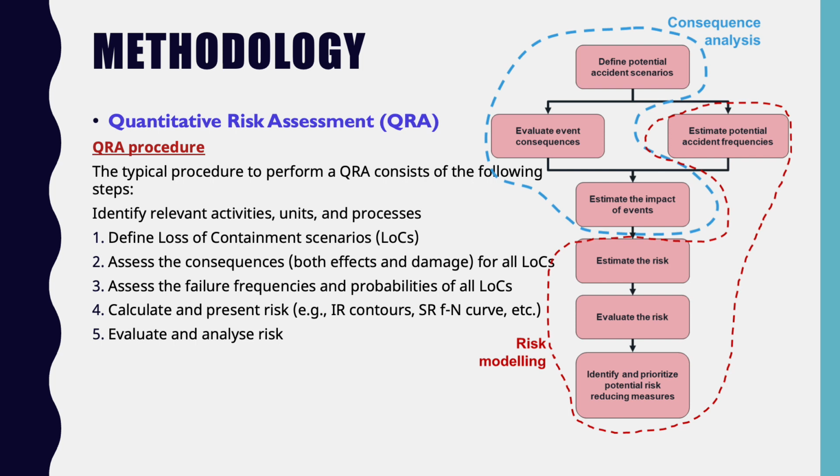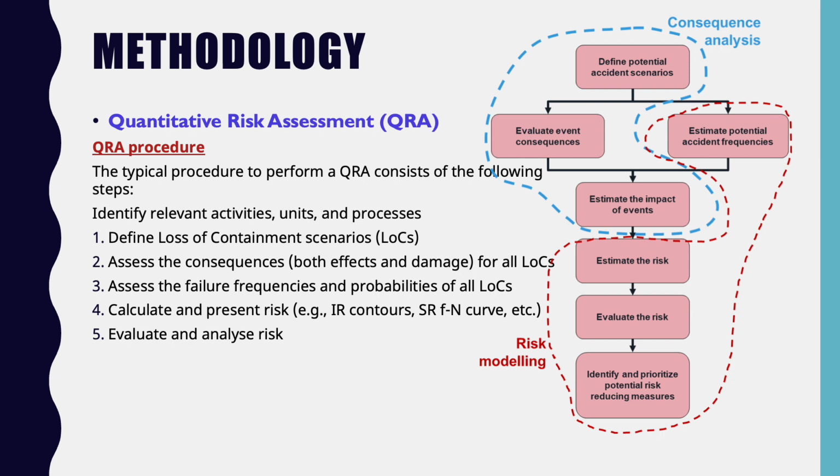For the methodology used for this research proposal, we use quantitative risk assessment, which is QRA. The QRA procedure is a typical procedure to perform. QRA consists of the following steps. Number 1 is identify relevant activity units and processes. From the activity units and processes, we define loss of containment scenarios or scenario events.